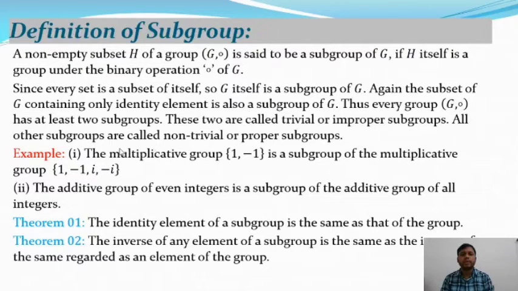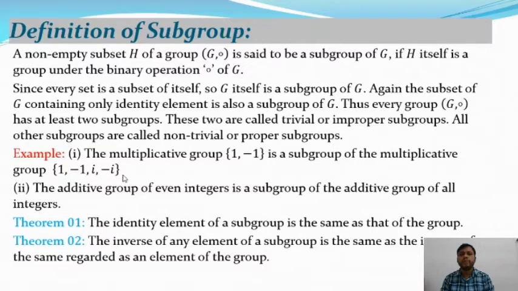For example, the multiplicative group 1, minus 1 is a subgroup of the multiplicative group 1, minus 1, i and minus i. In that case, G is a set containing 4 elements: 1, minus 1, i and minus i, and let H be a set containing 2 elements, 1 and minus 1.